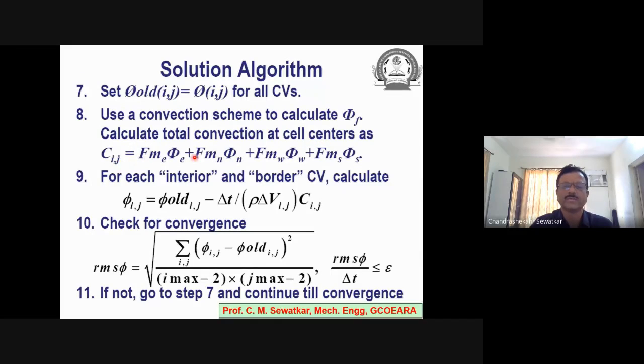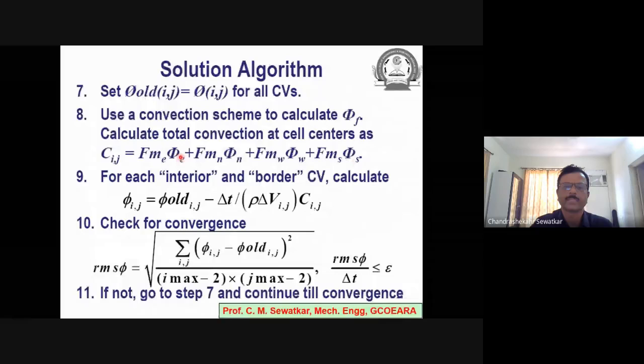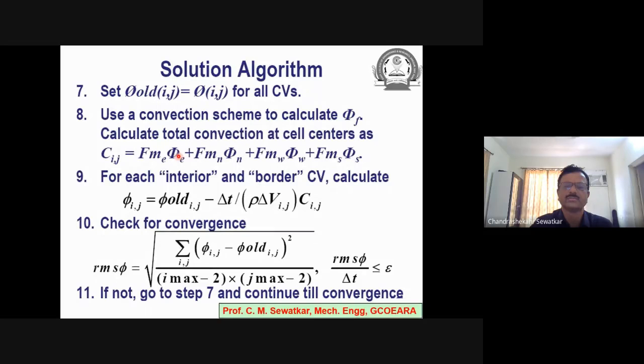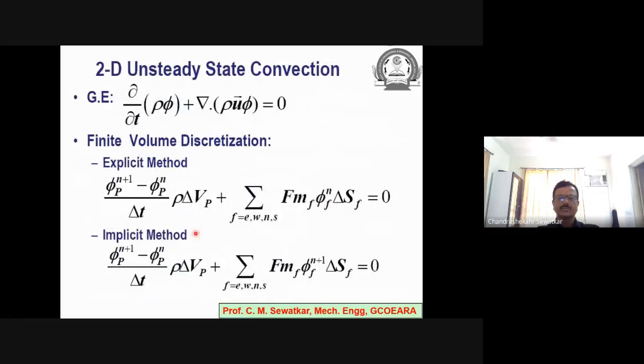Cij is FME phi E, FMN phi N, and so on. These values are to be determined from the convection schemes, and we know the convection scheme. So once I know Cij, explicitly I can write down the solution for the new value of phi ij as phi old ij minus delta t upon rho Vij times Cij. This is the expression which I'm using.